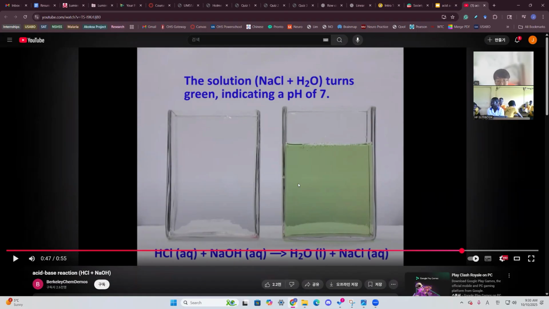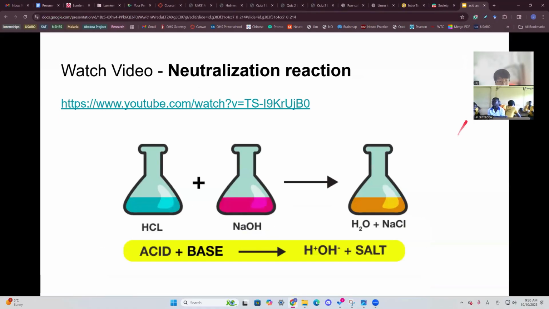So acids and bases are neutralized, and the final products are water and salt. And that's why it's called the neutralization reaction. The acid and the base each neutralize each other.